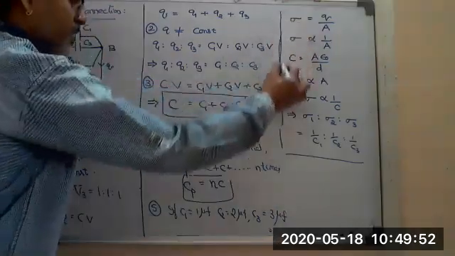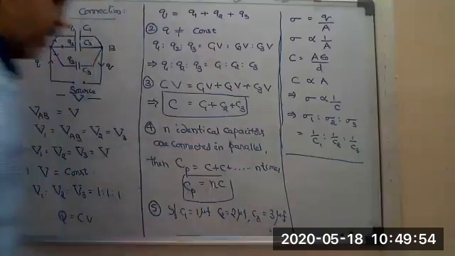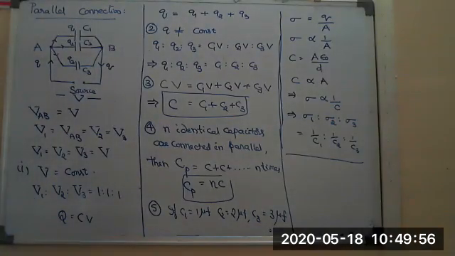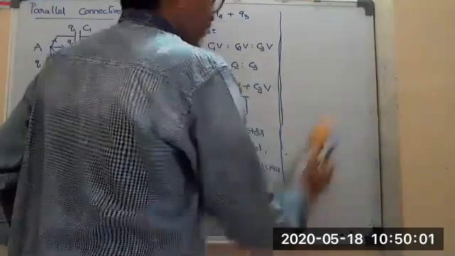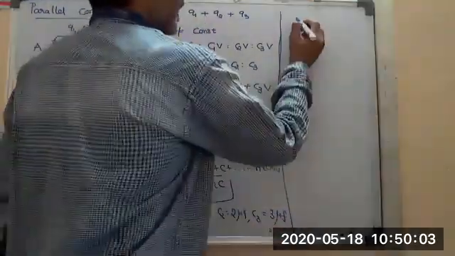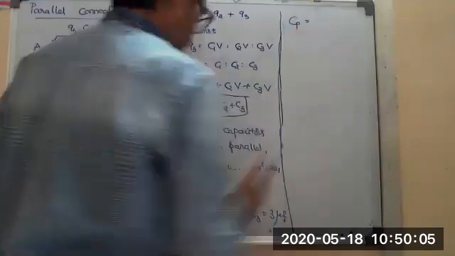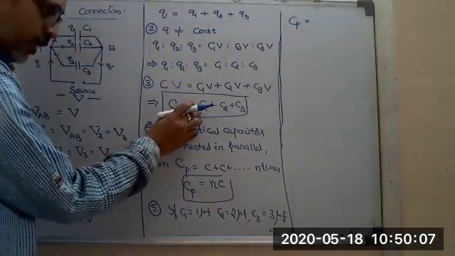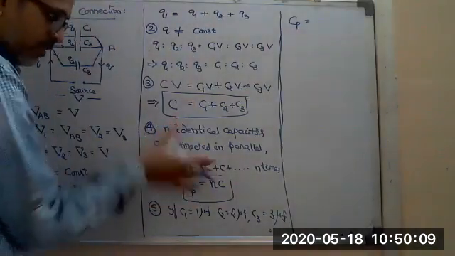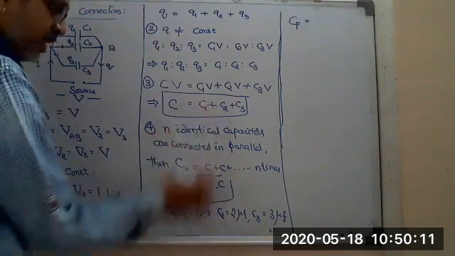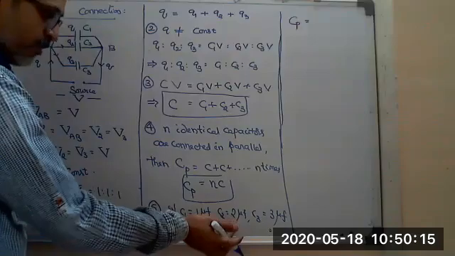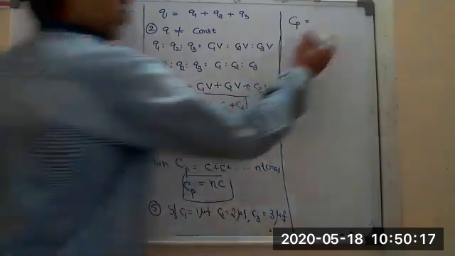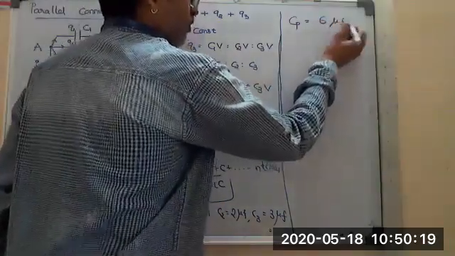Then the effective capacity, C effective, is C in parallel. According to the formula, C1 plus C2 plus C3, I will get 3 plus 2, 5, 5 plus 1, 6. So I am getting 6 microfarad.